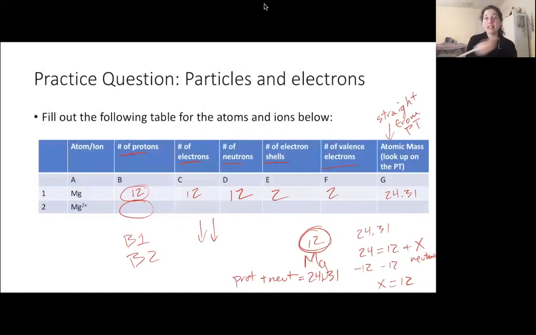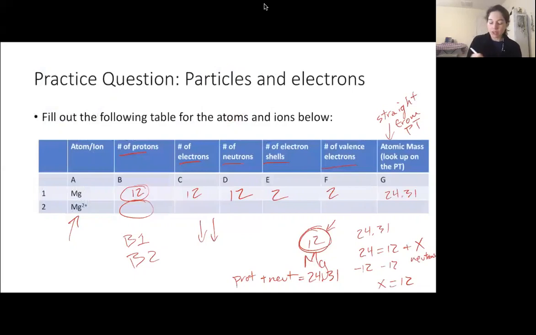All right. Now let's take a look at the ion of magnesium. Because it's still magnesium, the identity has not changed. That means that it's still in the same location on the periodic table. If you change this number here, you change the identity of the element.